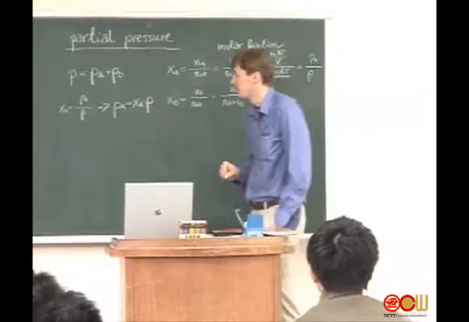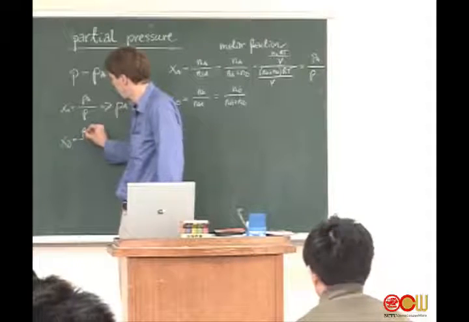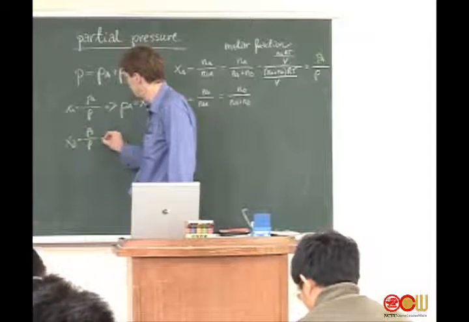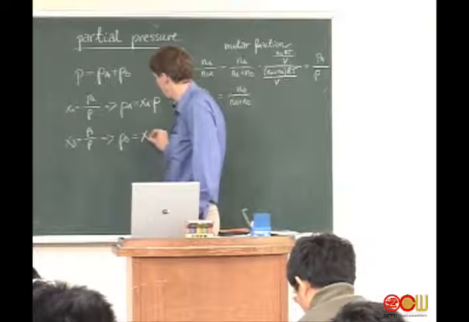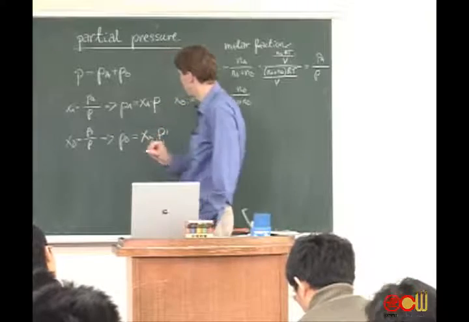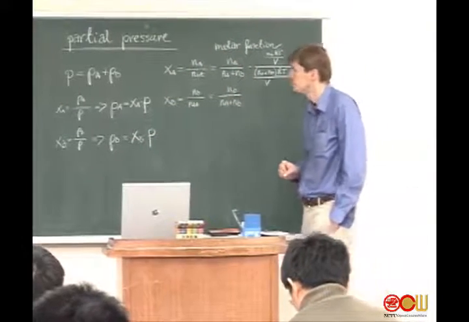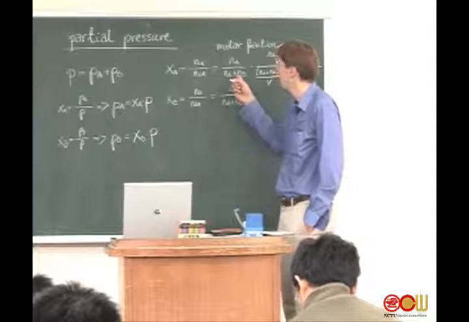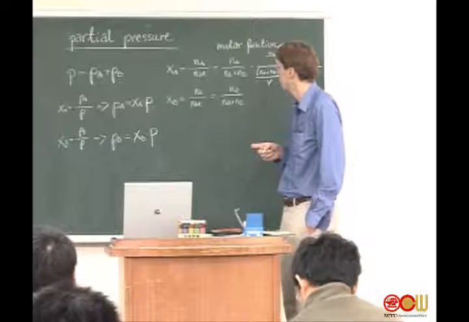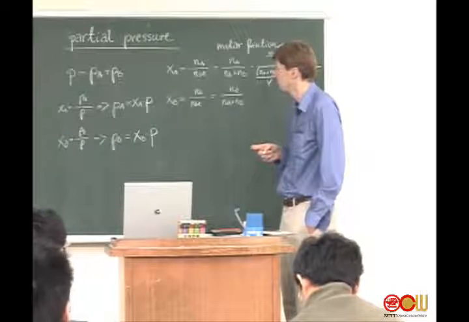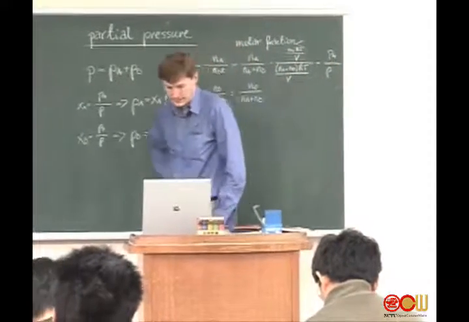And similarly for the other component, we have XB equal PB over P, and from that one we are getting that PB is equal XB times P. This is true only if A and B are gases at the same time. Otherwise, we cannot just simply use this form because the ideal gas law doesn't work. Okay.